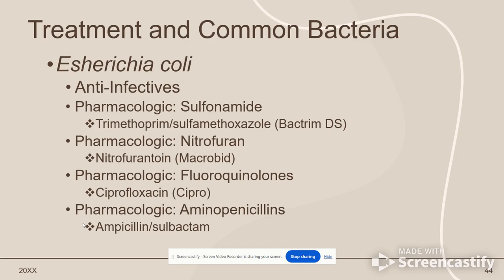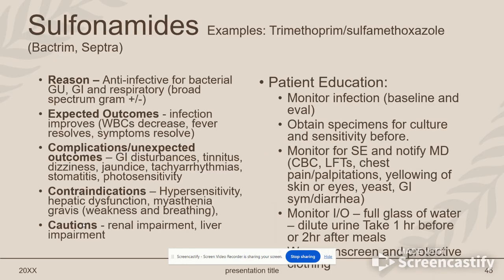Those are the most common for treating E. coli. So sulfonamide examples are trimethoprim-sulfamethoxazole, or Bactrim, Septra.